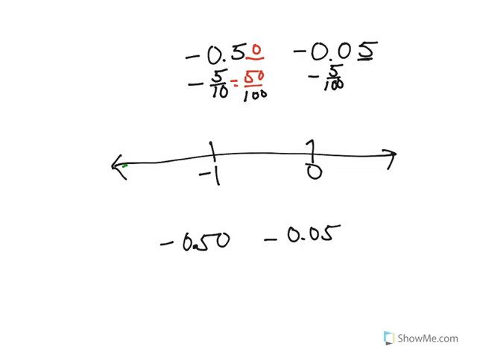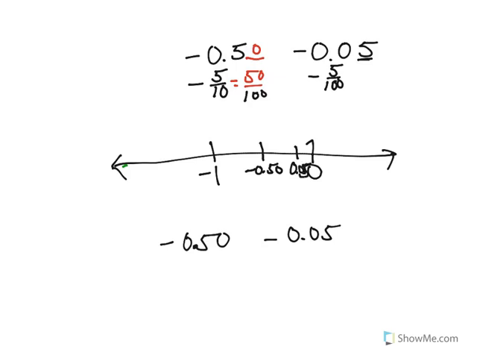Well, we knew already that negative 0.5 would be about halfway. I hope we knew that. That's negative 0.5 or 50 in this case, okay? So 50 hundredths and 5 hundredths, which one comes first? If we're starting at 0, the 5 hundredths will come first here.